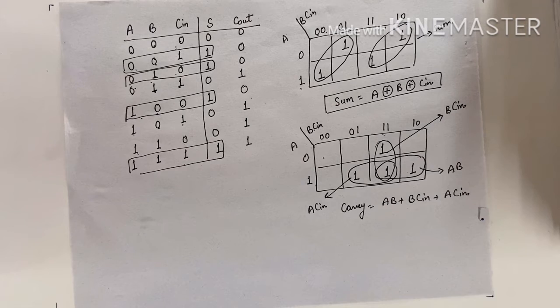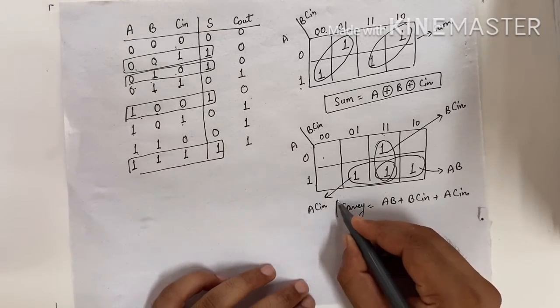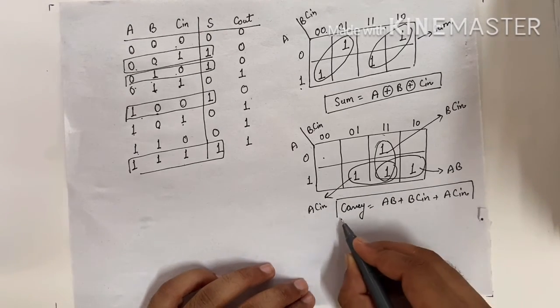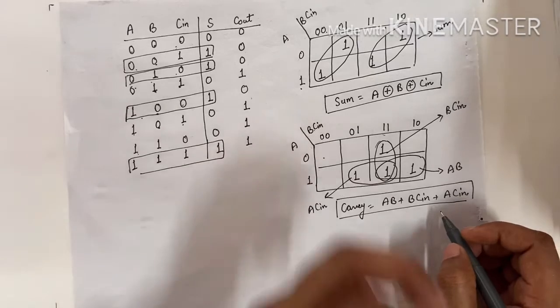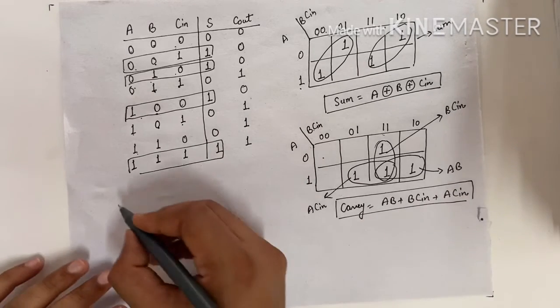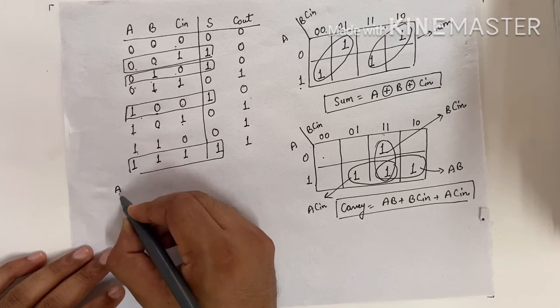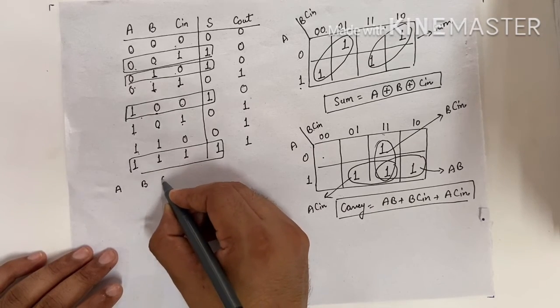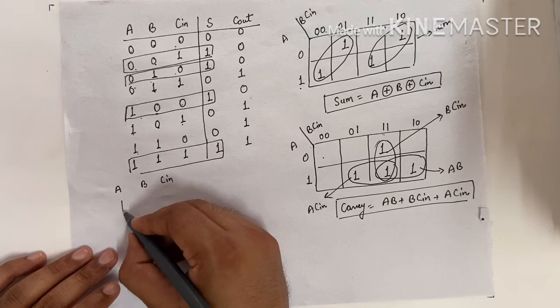Now we have to develop the logic diagram of the full adder. The sum is the XOR of 3 variables. So firstly we put A, B, C input, the 3 variables, in this way.